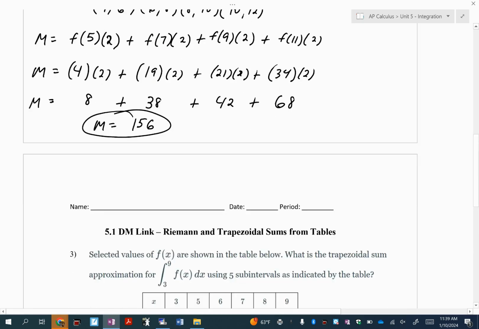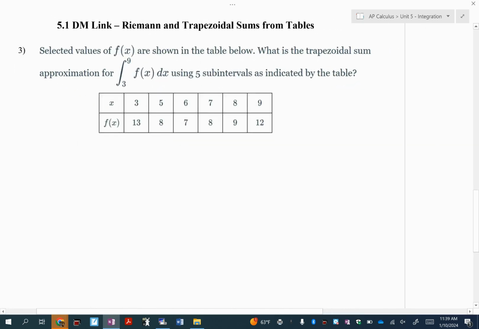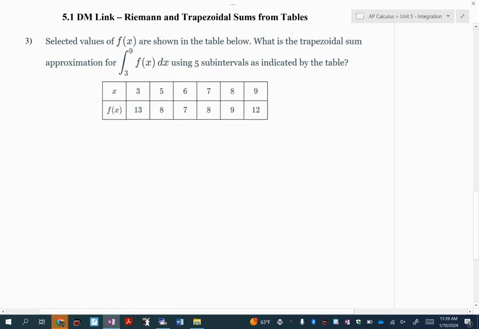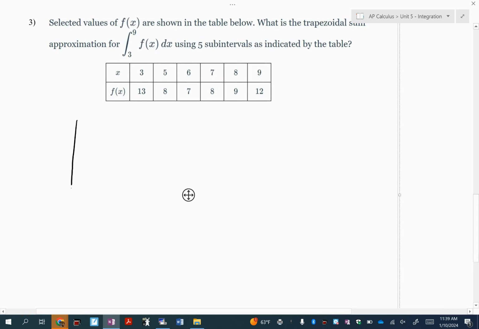All right, the last one, number 3. I put the whole page for this one, so I'm going to do a quick little sketch to make sure we understand. This one's going to be a little tougher. Again, just a sketch, it doesn't need to be perfect.